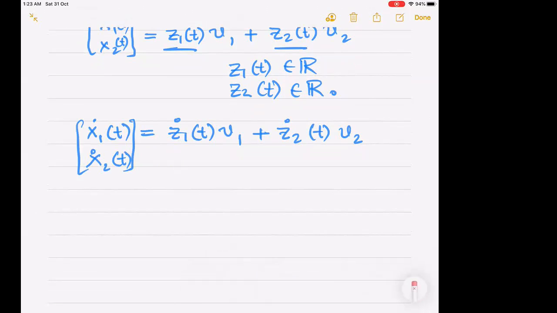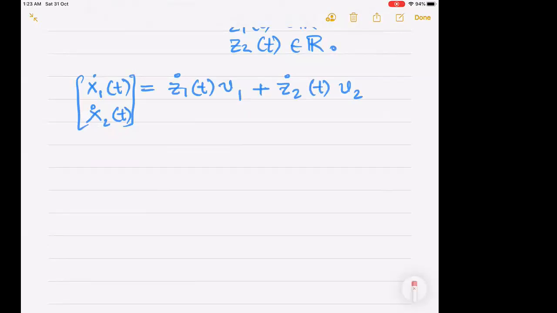Yeah, we'll have something like this, right? However, at the same time, I know that this satisfies the equation that this is equal to A times x, which put together here means that this is A times z1(t) v1 plus z2(t) v2.